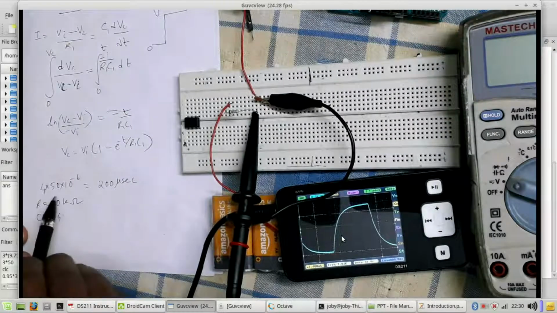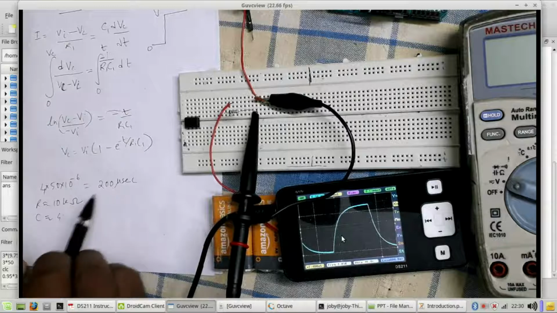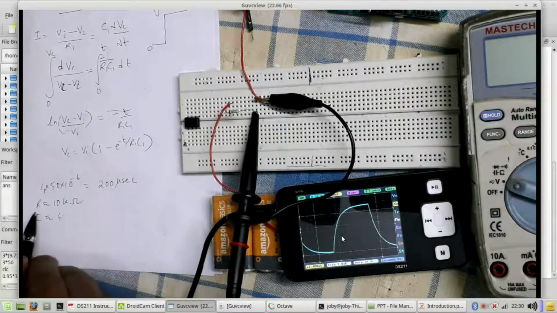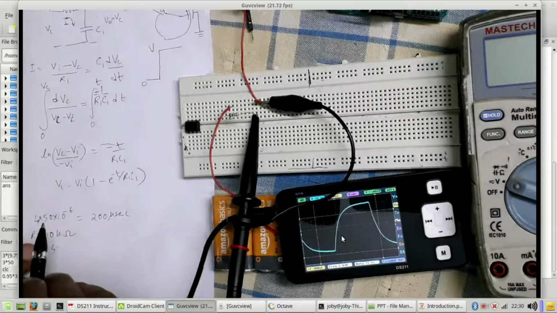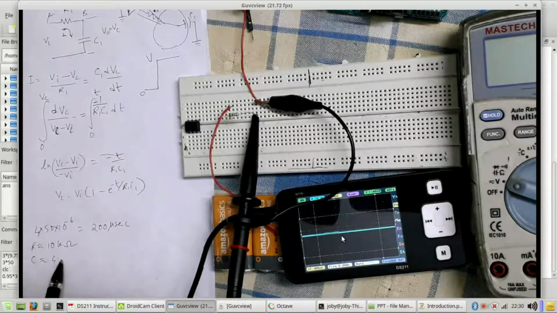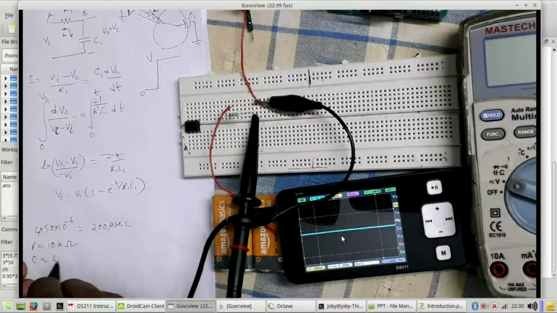The time is 4 into 50 microseconds per division, so 200 microseconds, and R is 10 kilo ohm, and C is 4.2 nanofarad.